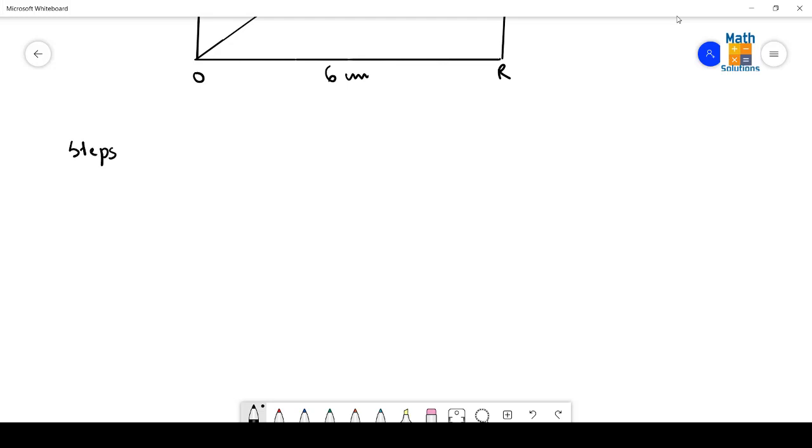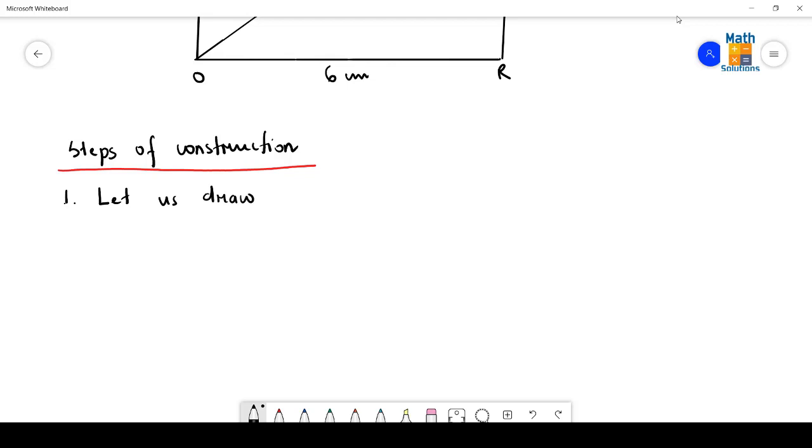So steps of construction. Let us start with the first step. The first step is what? Let us draw OR is equal to 6 cm.